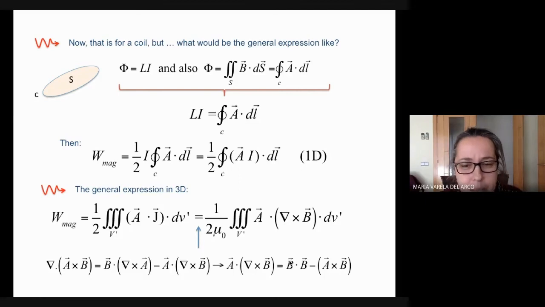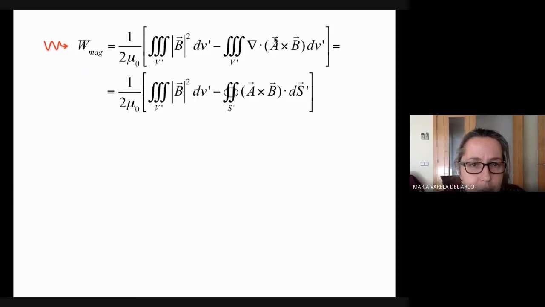All right, so B dot B minus the divergence of A cross B, put this into the equation, right? And now I arrived at this integral that has B squared, that's good, and then this divergence of A cross B. Using the Gauss theorem, I have here the volume integral of a divergence. So I can just evaluate the flux of A cross B over the surface that defines my volume.